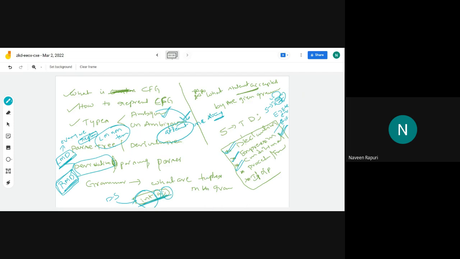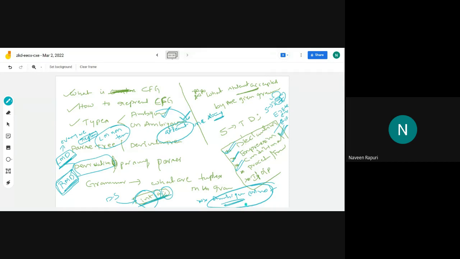Another one is whether the given grammar is ambiguous or not. Most of the questions you will get from this topic are these two.